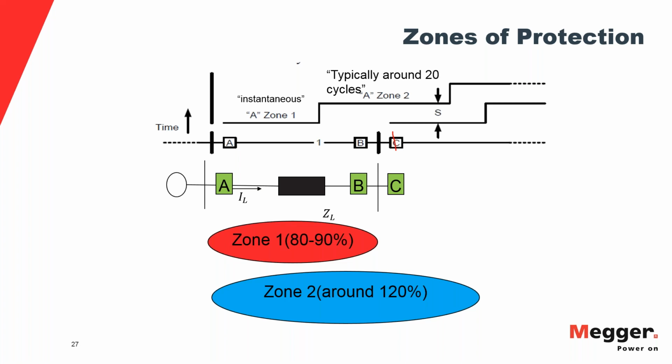Then you set a zone 2, which can be used to account for all the 100% of the line and even a piece of the adjacent line. And then that zone 2, you're going to trip it, not instantaneously, but you're going to give it some intentional time delay.